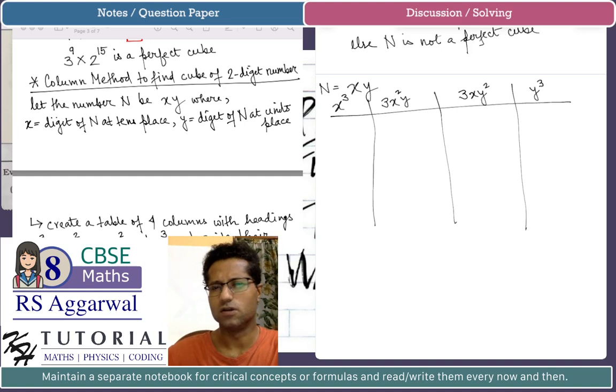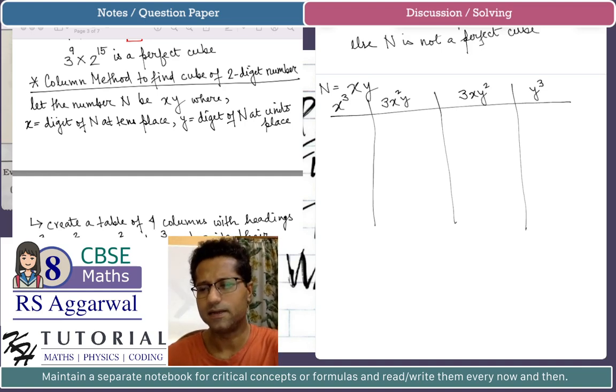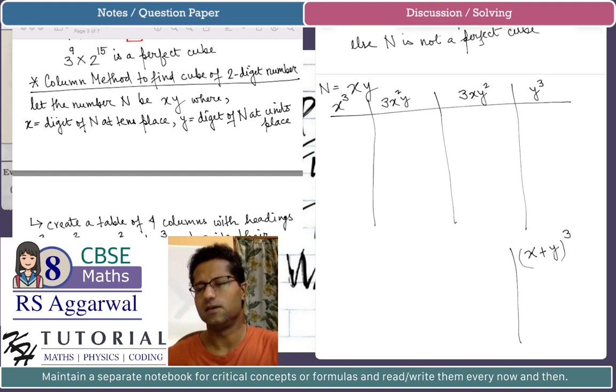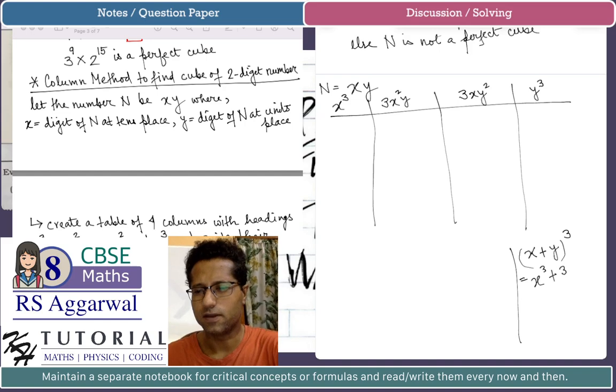The names of these columns come from the algebraic identity: x plus y whole cube is nothing but x cube plus 3x square y plus 3xy square plus y cube.